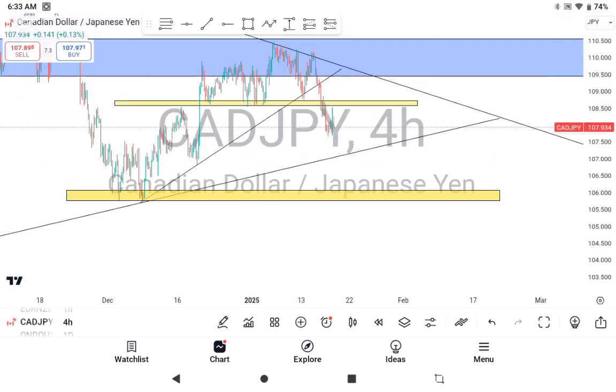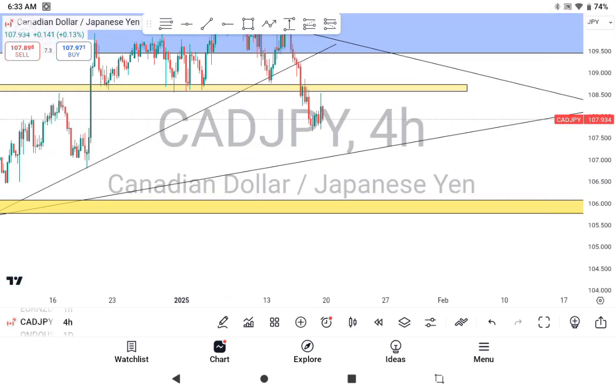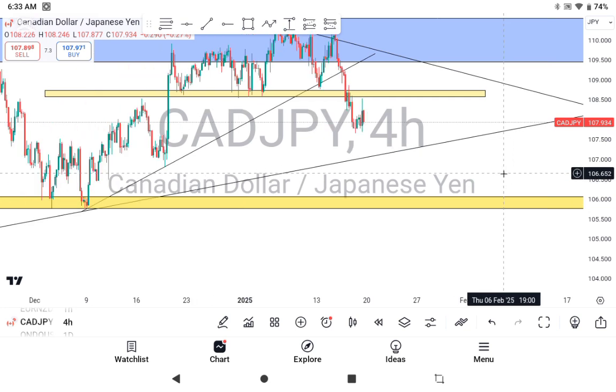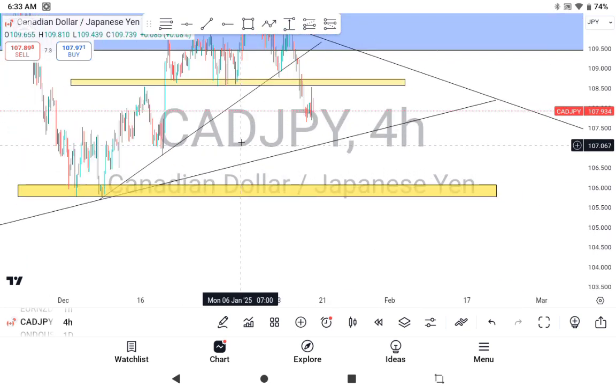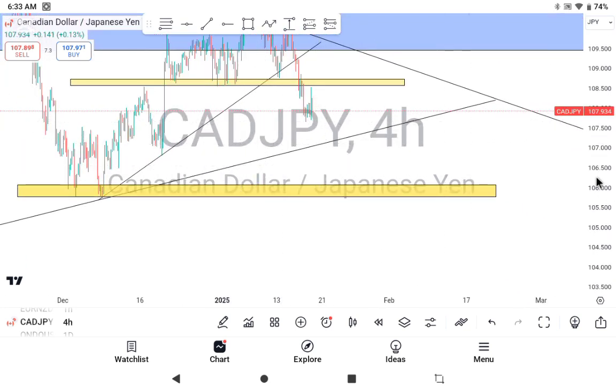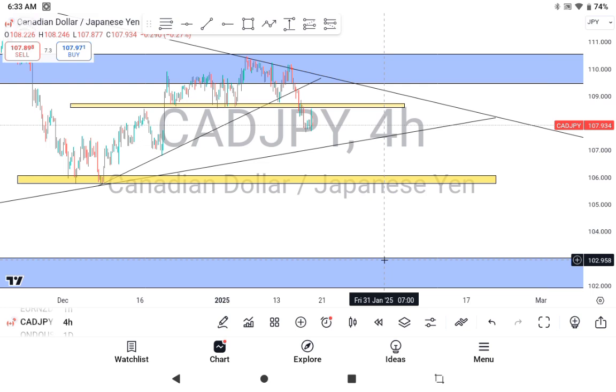Whatever we are looking for right now is a selling opportunity to the downside, an opportunity that will take us down to this key level of support right there. So that is what we are looking for right now.